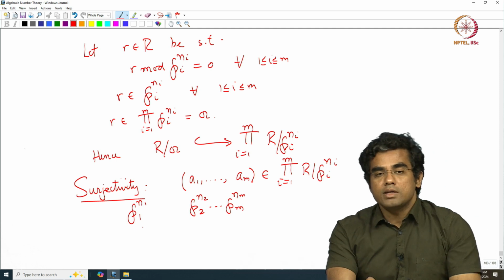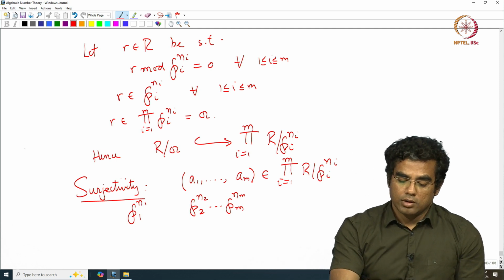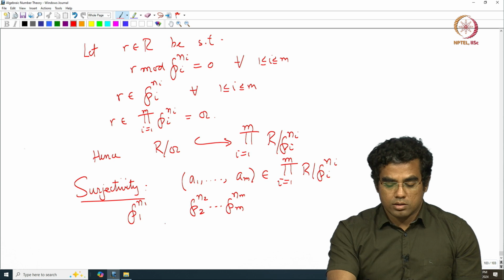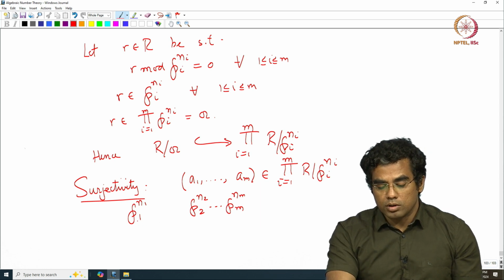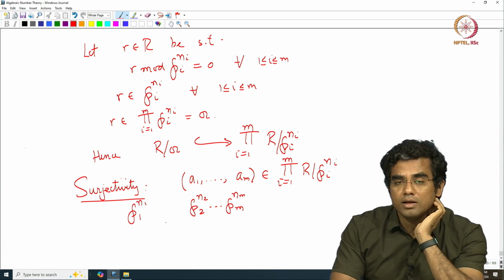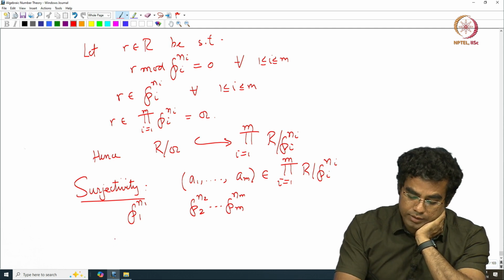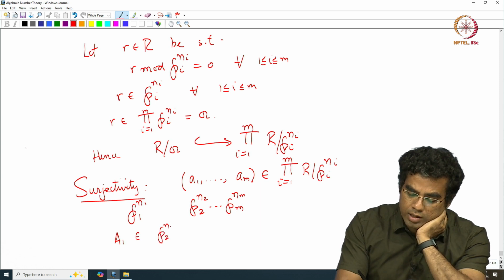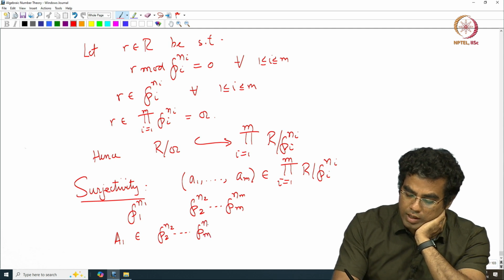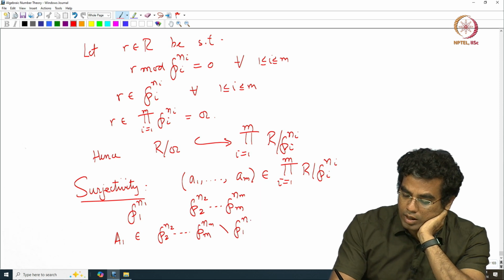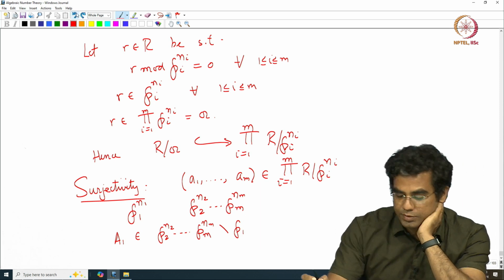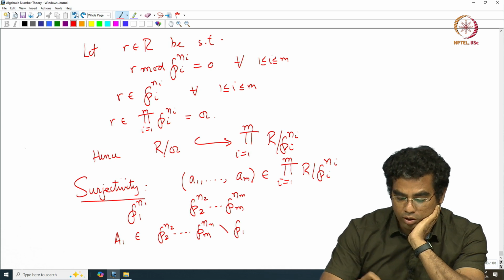So, since the pi's are all distinct, the first ideal is not contained in the second and the second ideal is not contained in the first one. So, what I do is I let A1 be in p2 to the n2 and so on up to pm to the nm, minus p1. Okay. So, there will always be such a thing.